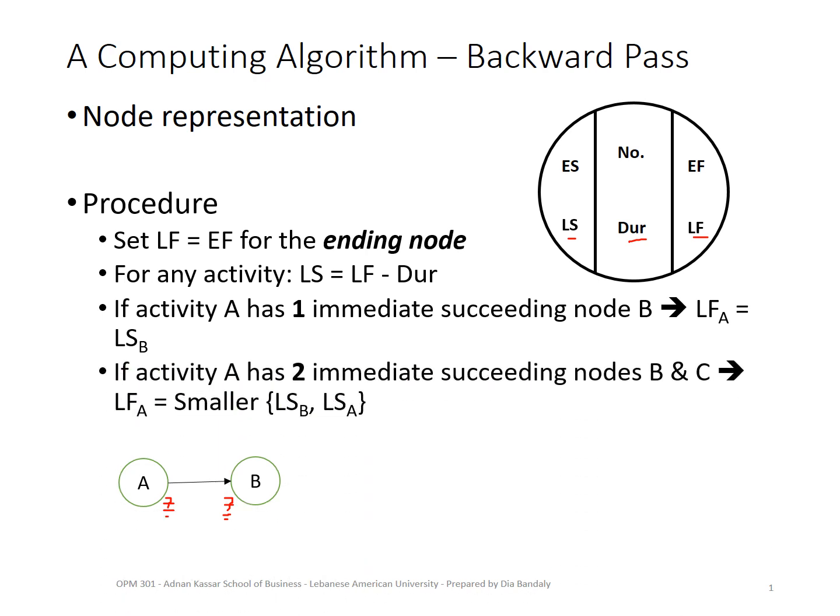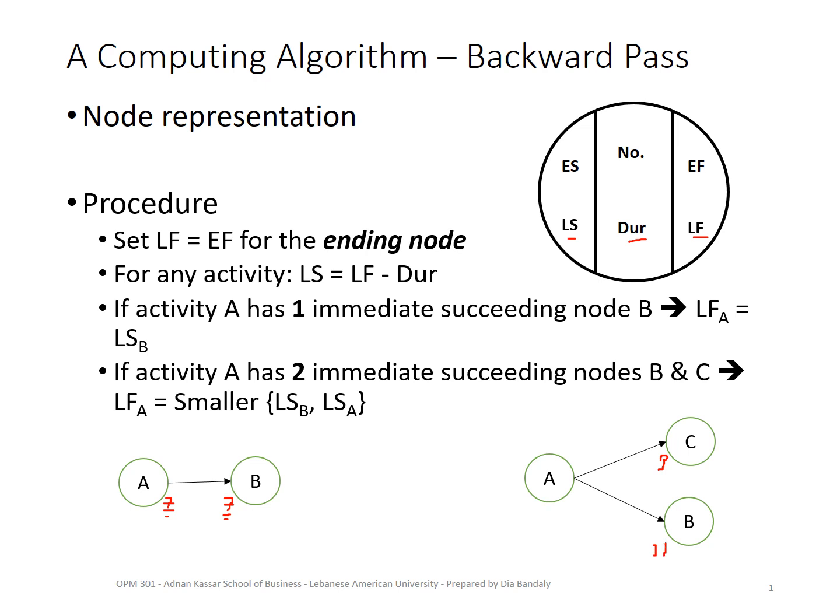Now, we need more attention when an activity has two succeeding nodes, B and C. Look at this. A is an immediate predecessor for B and C. So again, we're going backward. Let's say we found this to be 9, okay, and this one to be 11.